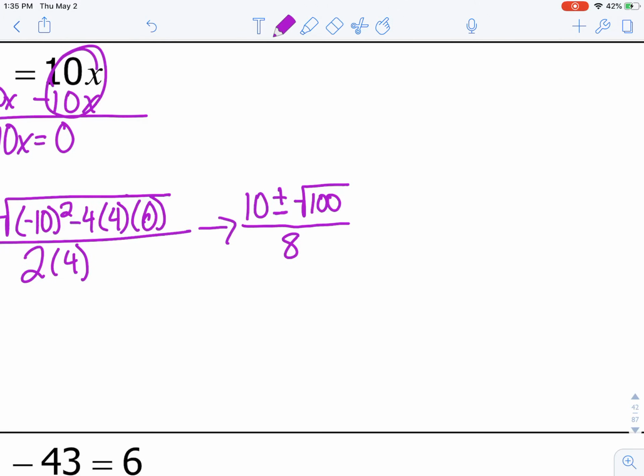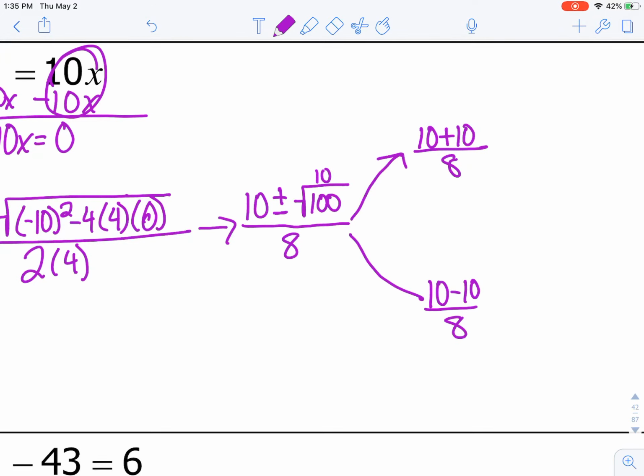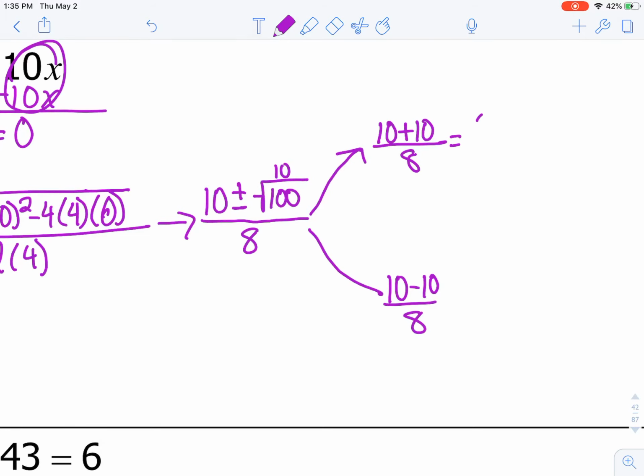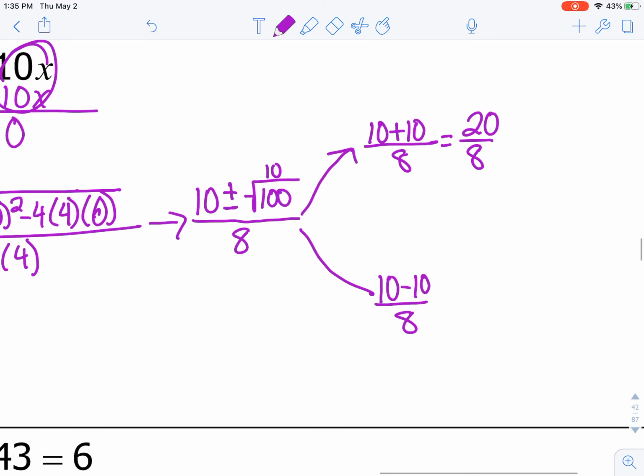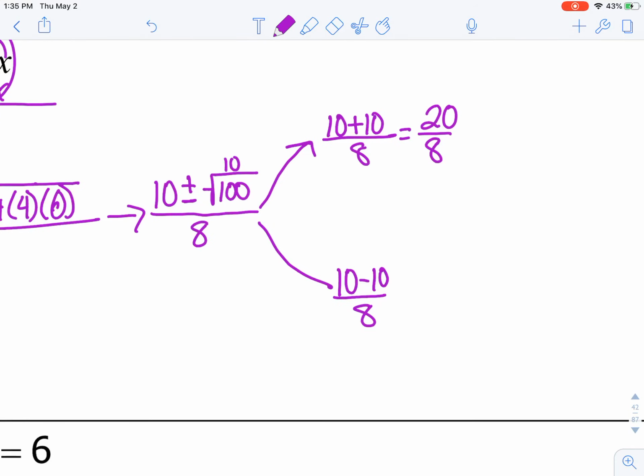So the square root of 100 is 10. So I'm doing 10 plus 10 over 8, and I'm also doing 10 minus 10 over 8. So 10 plus 10 is 20. 20 over 8 would give me a decimal. I don't want to put it as a decimal.